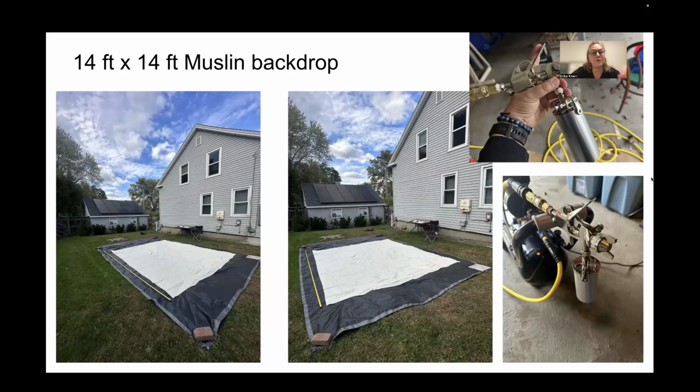When I was starting the project, it was still really nice weather out, so I was working outside. I got a new compressor and spray guns, and I haven't worked with a spray gun for a really long time. So I've been experimenting and getting the setup, and I'm working with muslin.